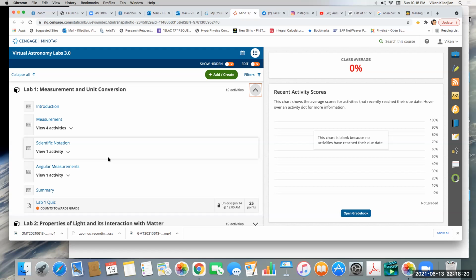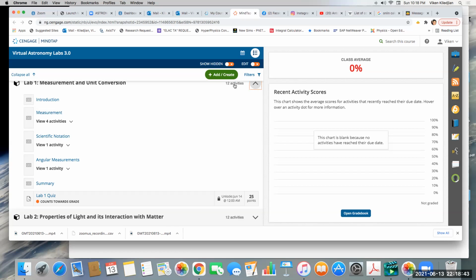But once I have given you a grade, then you cannot resubmit. So just be careful about uploading it quickly. Make sure you've got everything complete. But in terms of the score the lab gives you, don't worry about that. That's not going to change your grade.